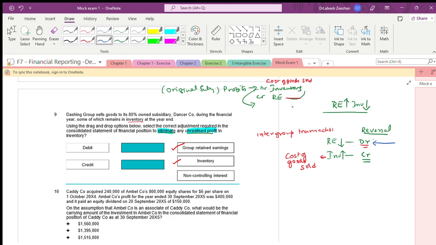Now, in order to make it a reversal, the debit has to be done with respect to credit. Here the debit will be group retained earnings, and the credit will be inventory. We will not have anything related to non-controlling interest. Just revise it. If it is clear, I will go to the next one. It's clear. Next.